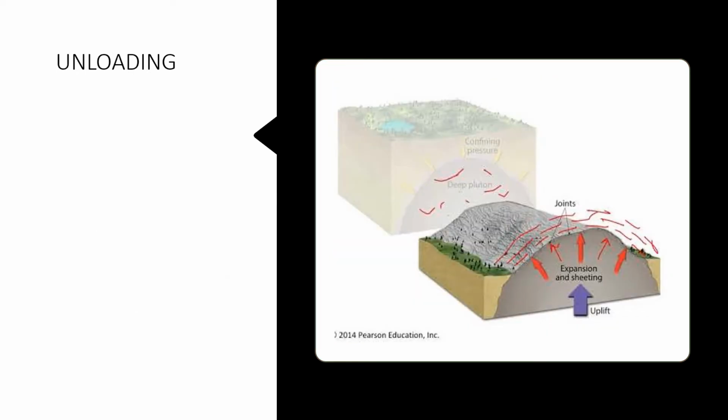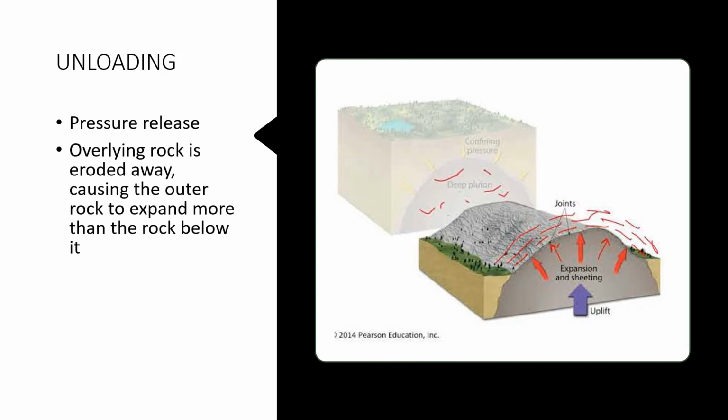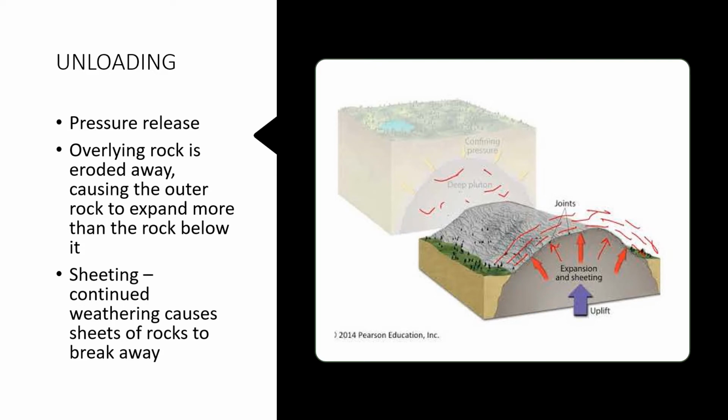Next, we have unloading. This is also known as pressure release. This occurs when the overlying rock is eroded away, causing the outer rock to expand more than the rock below it. It may also separate the outer rock from the rock body. This process is evident in intrusive igneous rocks.